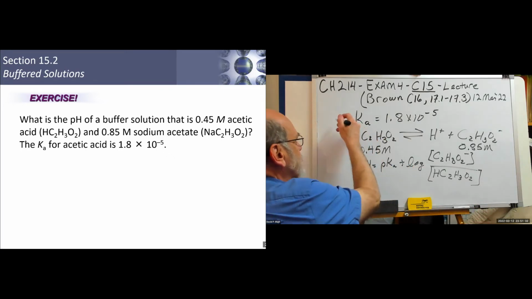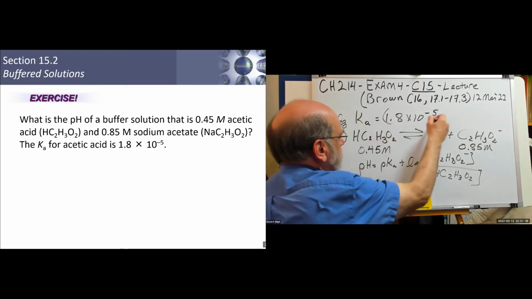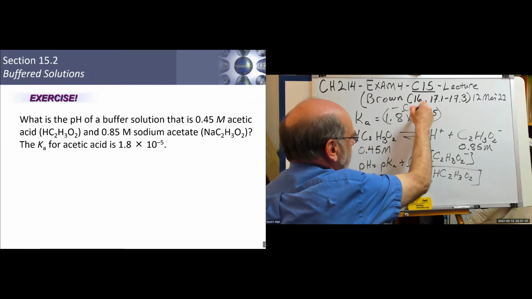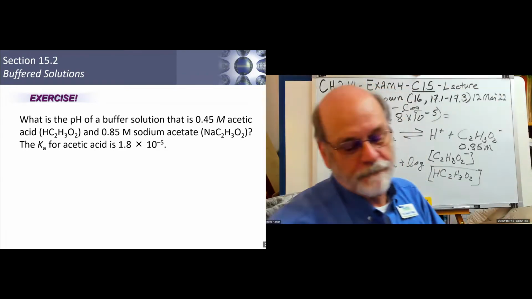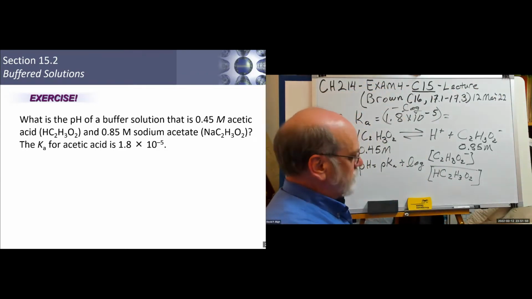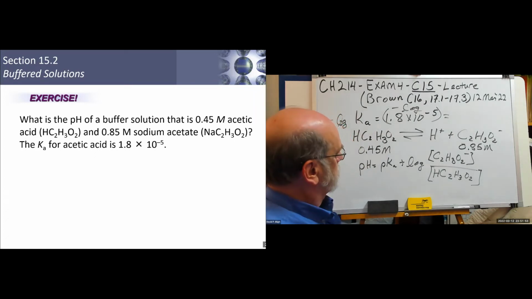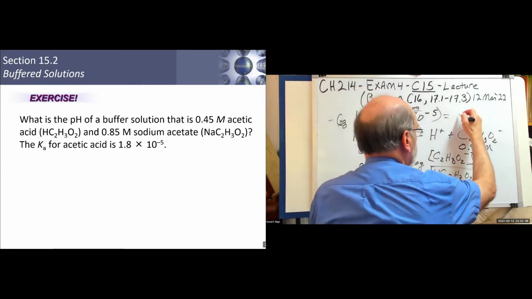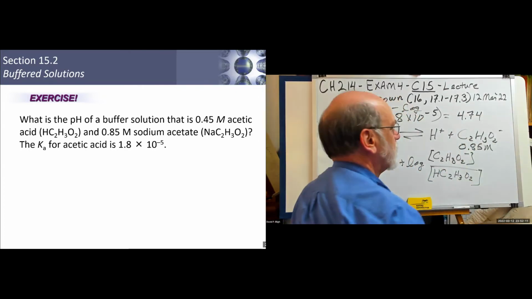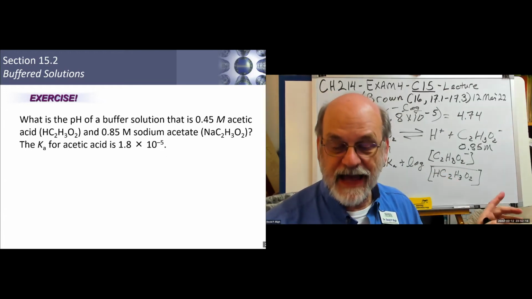We need to take the negative log of that value. Let me just get my calculator and we'll do it right now, to find out what the pKa is. 1.8 exponent minus 5, and we'll take the log of that and take the negative of that. 4.74. 4.74 is the pKa for acetic acid.